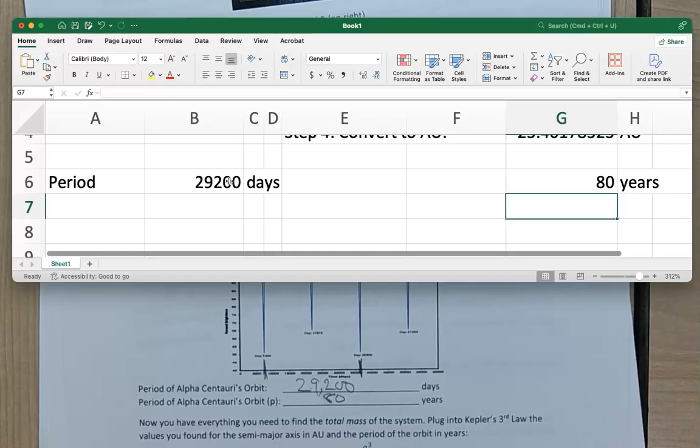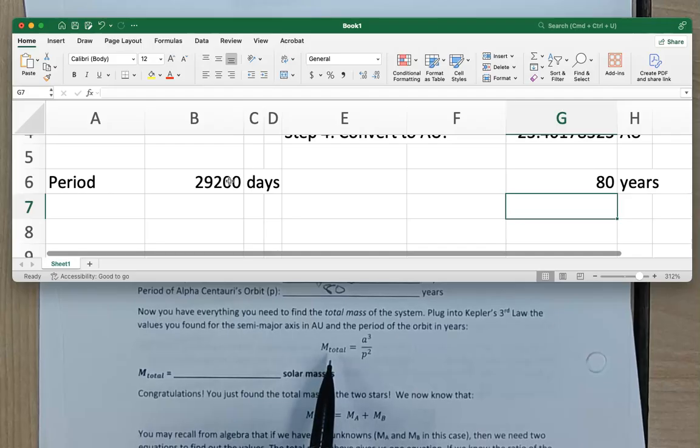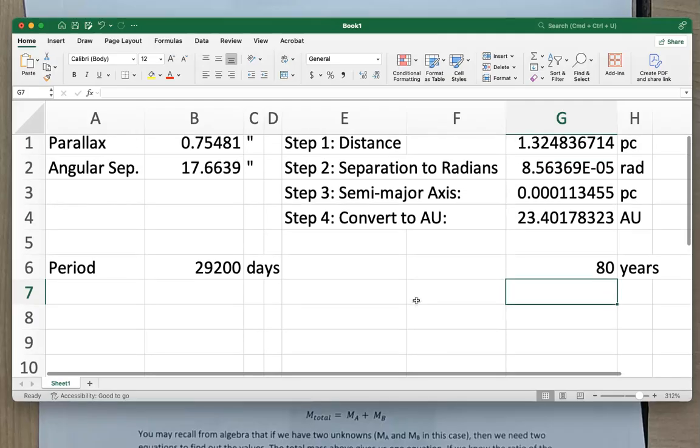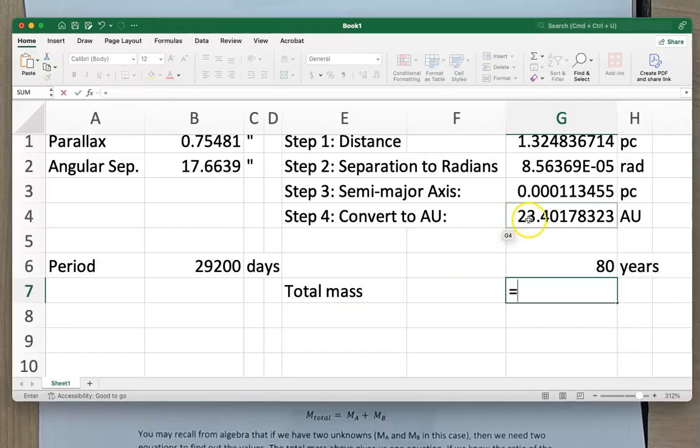Alrighty. Now, what's the total mass? We know that the total mass, the mass of star A plus star B, we're going to be able to figure that out since we have the semi-major axis cubed and we've got the period squared. So, the total mass, and I'll just cover up the paper for the moment, equals the semi-major axis cubed divided by the period squared.